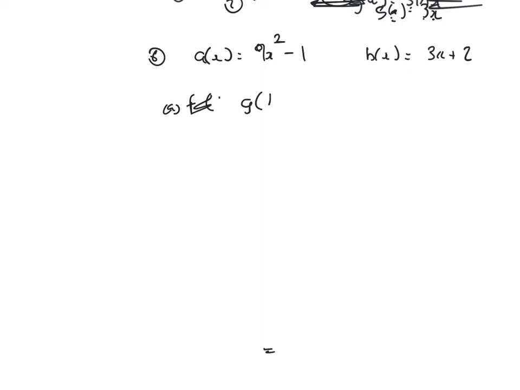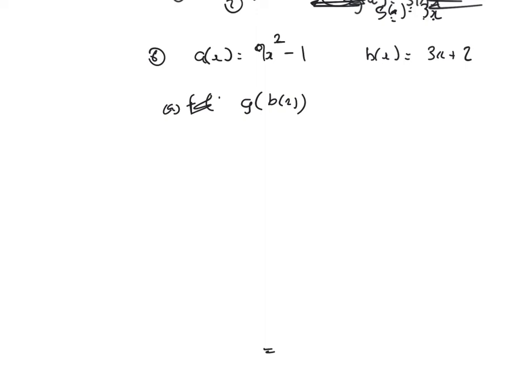Example 6. a of x equals 9x squared minus 1. b of x equals 3x plus 2. Part A is we're going to find a of b of 2.